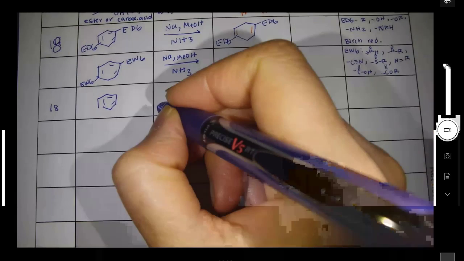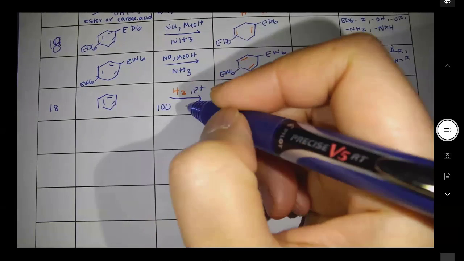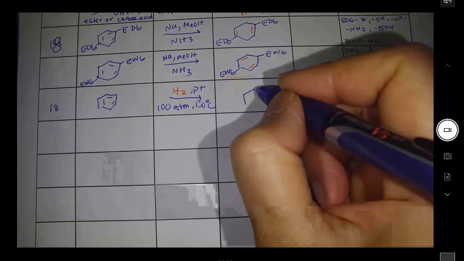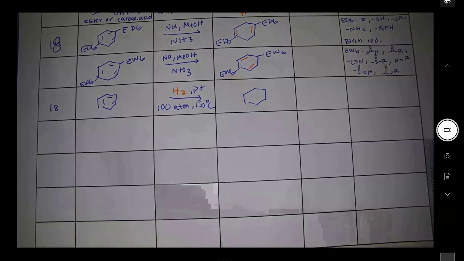So to reduce benzene, you have 100 atmospheres with high temperatures. That will give you cyclohexane.